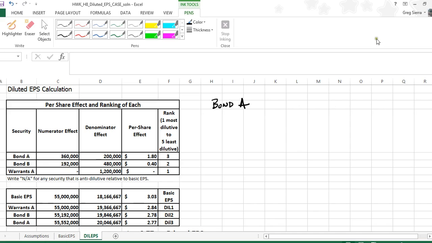10 million, 6%. So bond A: 10 million times 6% times 1 minus the tax rate of 0.6. And 10 million divided by 1,000 in each bond. So in parentheses, that's the number of bonds. And the conversion ratio, let me go back to these assumptions.